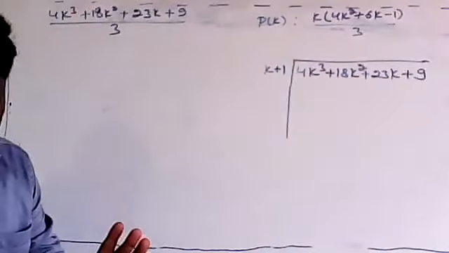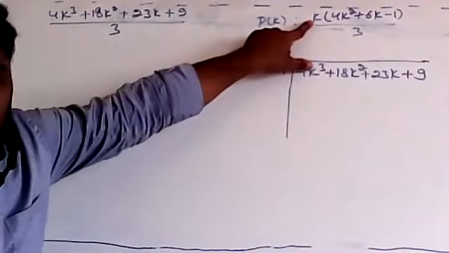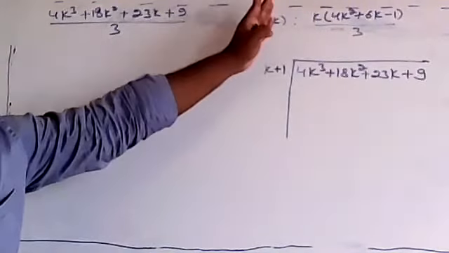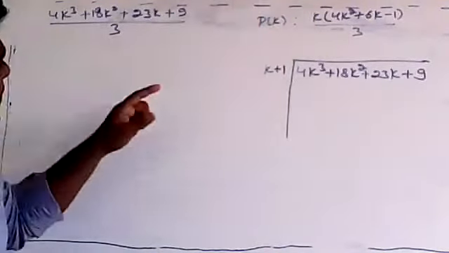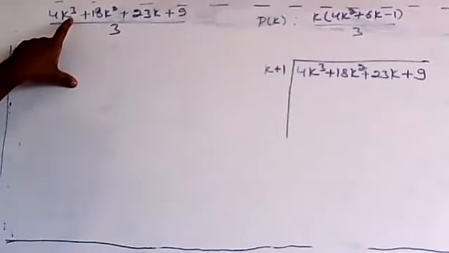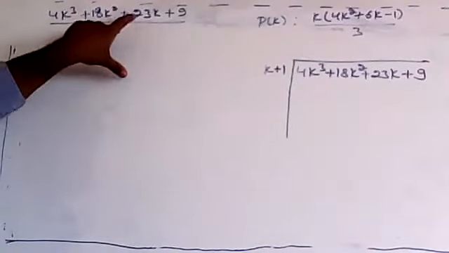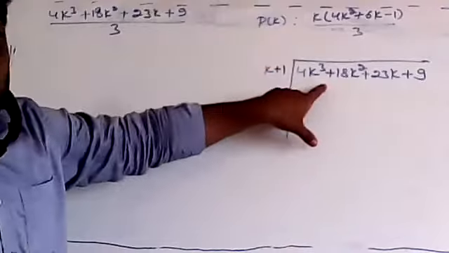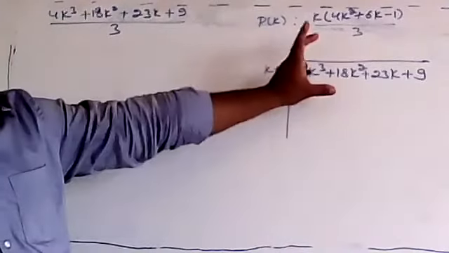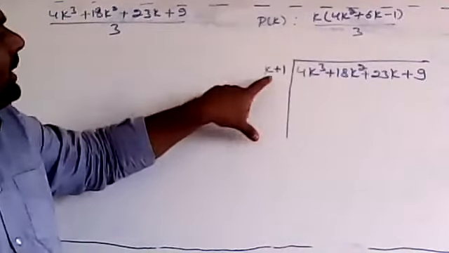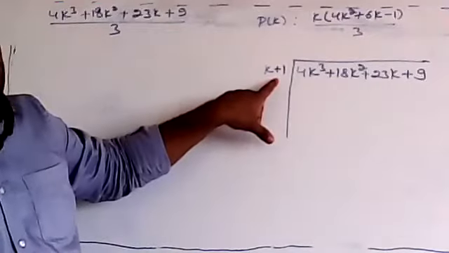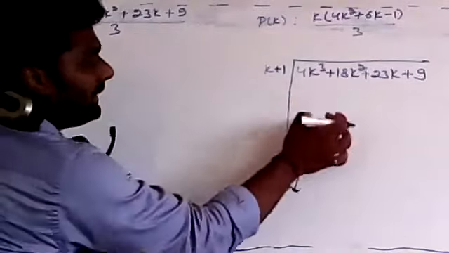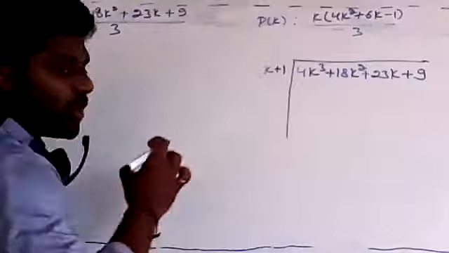So we know that we want the answer with k plus 1, so k plus 1 should be common, no? So I'm taking this equation, 4k cube plus 18k square plus 23k plus 9, and by the division method I'm solving that one. So k plus 1 I'm writing. Till we get the 0, we have to solve this one.